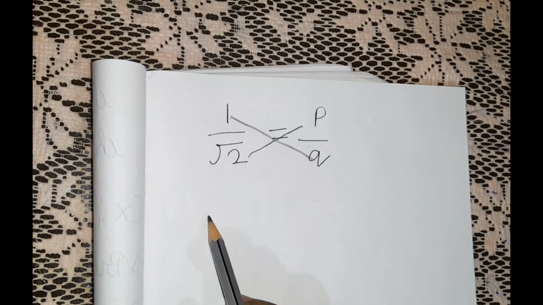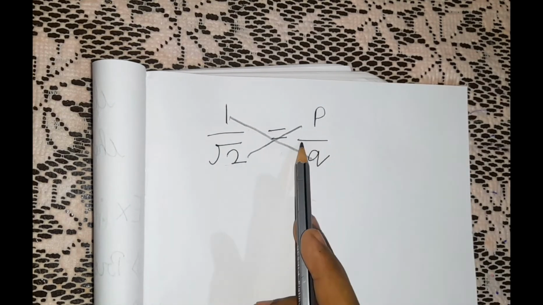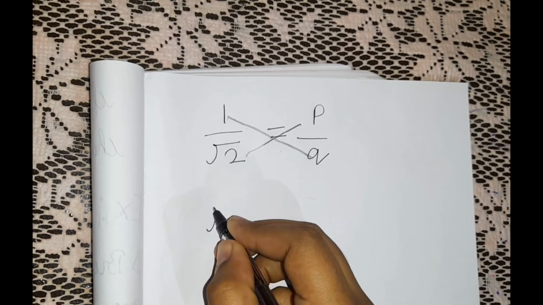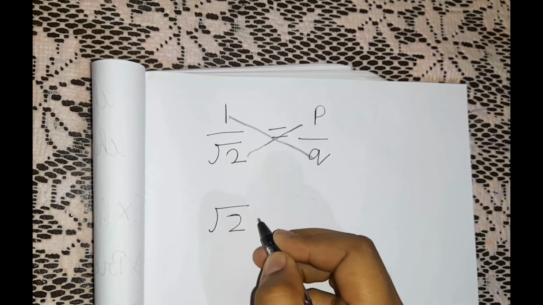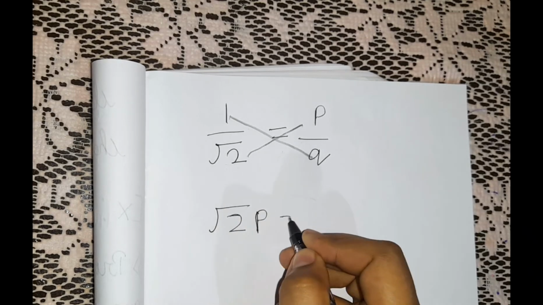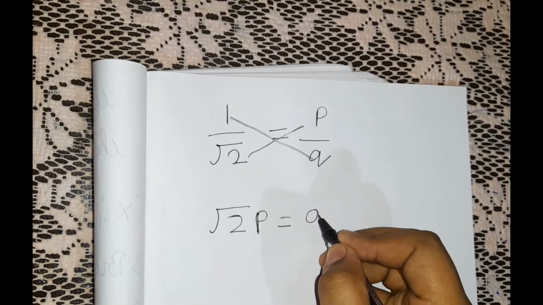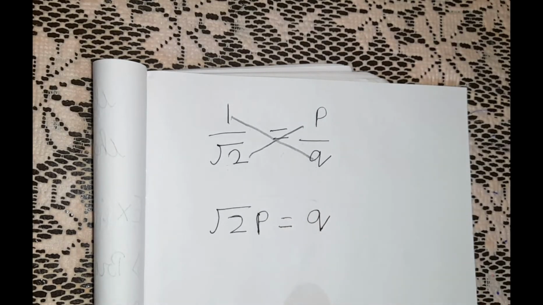As you know, root 2 into p means root 2p. So root 2p is equal to 1 into q means q, because 1q is q. So now we got the form root 2p is equal to q.